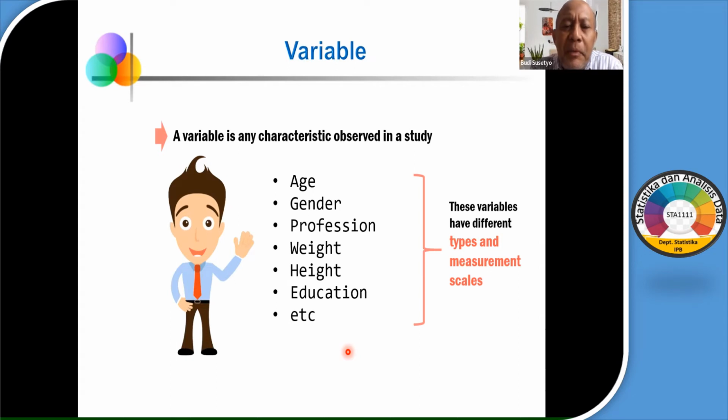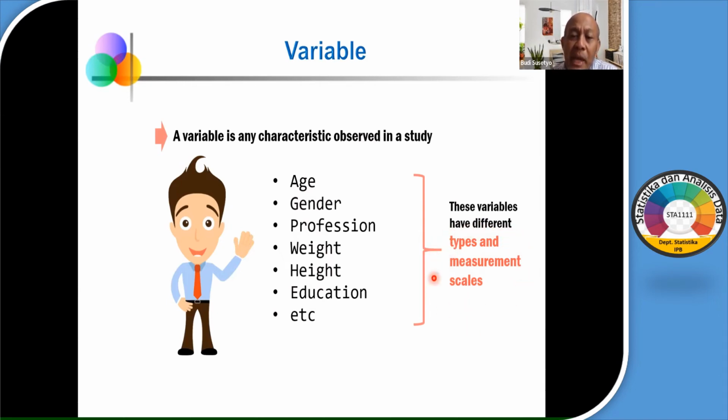But from some variables, you have to understand what the type of variable is and what the measurement scale of this variable is. This is very important to understand about types and measurement scales. Why?